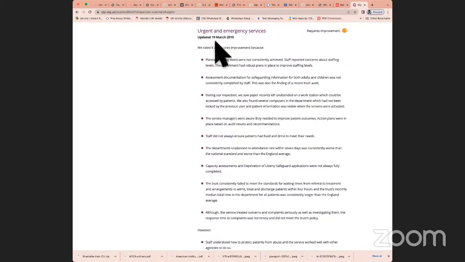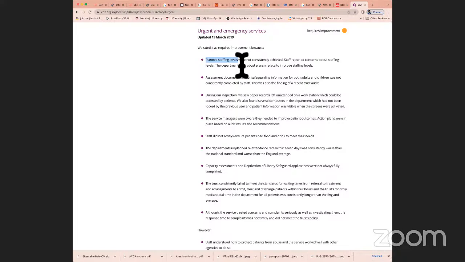If I go and read this, it will give me the potential barriers which are impeding the quality of services being delivered by the hospital. For example, their planned staffing levels are not consistently achieved. That means there's a shortage of staff. So this is a potential barrier.